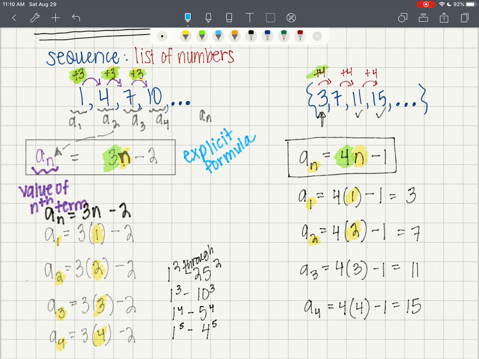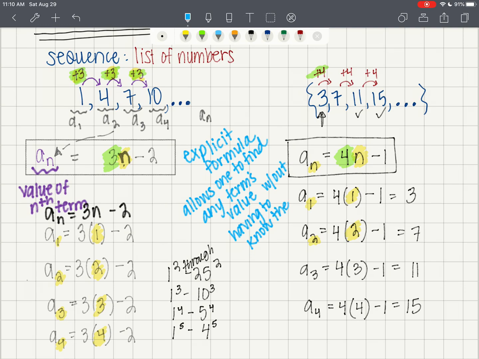This allows one to find any term's value without having to know the previous term. The previous term. Okay? And all of these are explicit formulas.